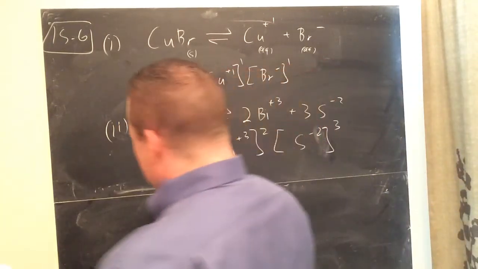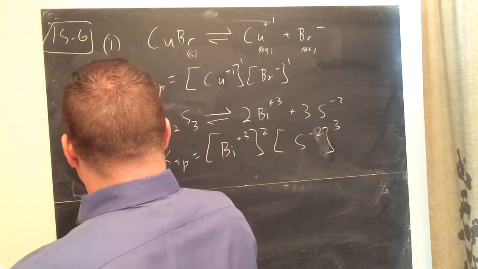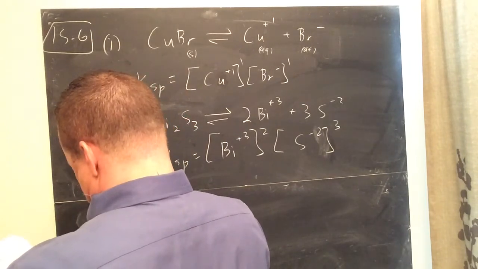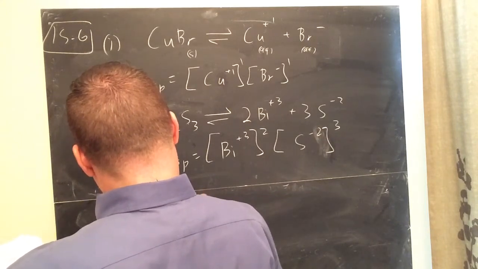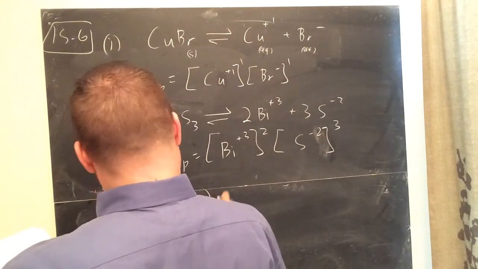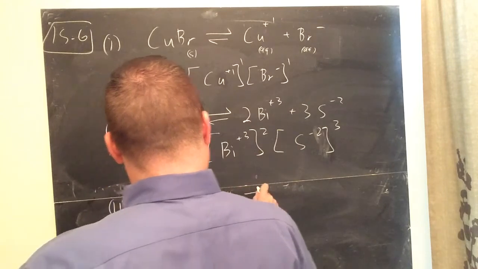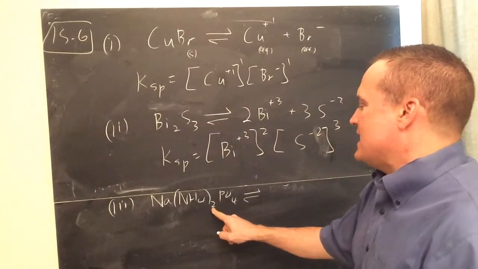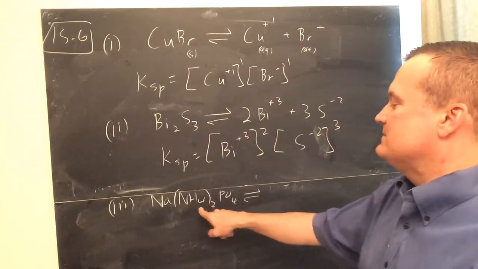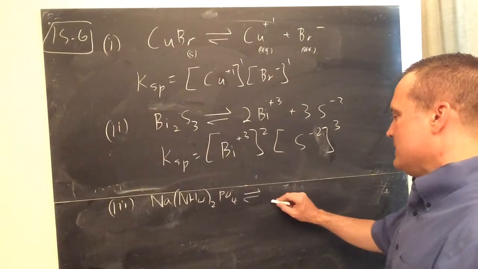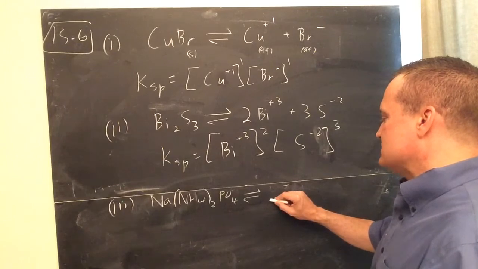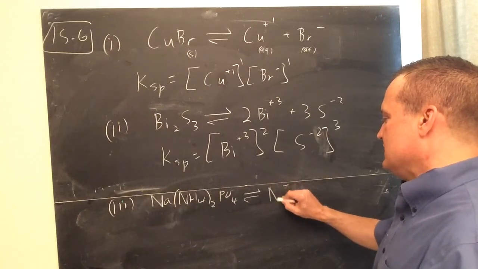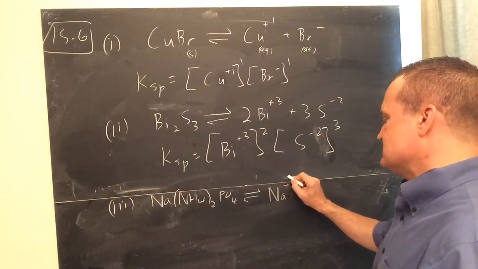And now here's another one I had to throw in to be fun, I guess. NH4 2 PO4. All right, so it's like diammonium phosphate, sodium diammonium phosphate. Okay, but anyway, what's going to happen is, in water as it dissolves, you're going to get Na plus.